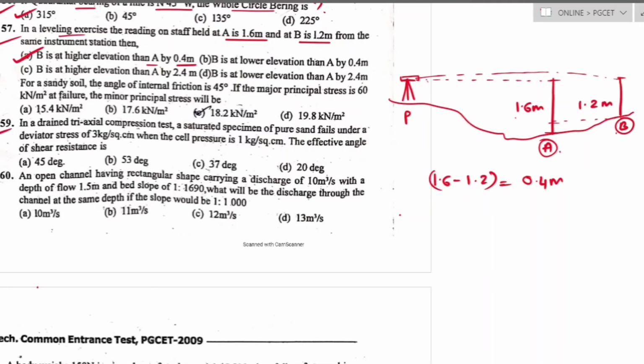Question number 59. In a drained triaxial compression test, a saturated specimen of pure sand fails under a deviator stress of 3 kg per square centimeter when cell pressure is 1 kg per square centimeter. The effective angle of shear resistance is? So we have to find the effective angle of shear resistance.